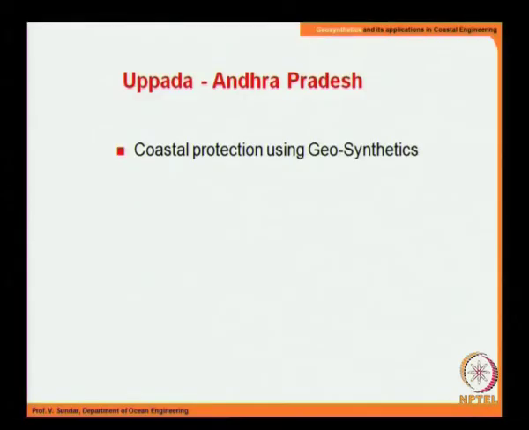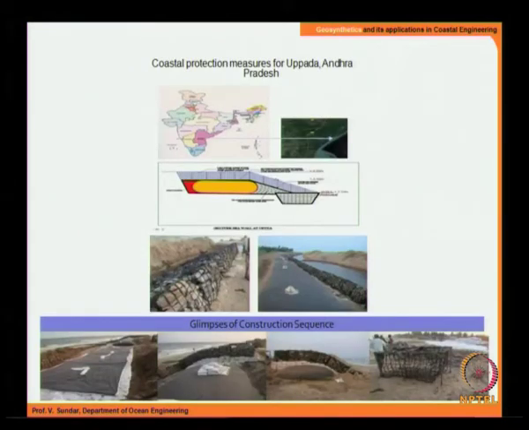Now we move on to another case of coastal protection in Uppada. Herein what has been done is, you have a toe protection based on the experience we gained in Digha. So this is the kind of protection measure.